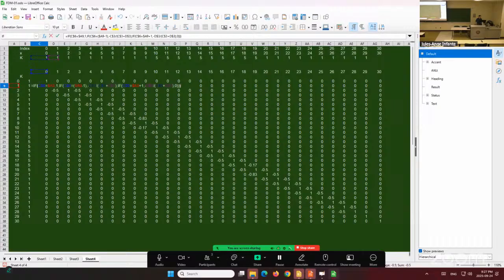So instead of being the K from there that I'm supposed to take, it's the Ks. So I compare the row to the row. And then here, instead of being C3, it's this.